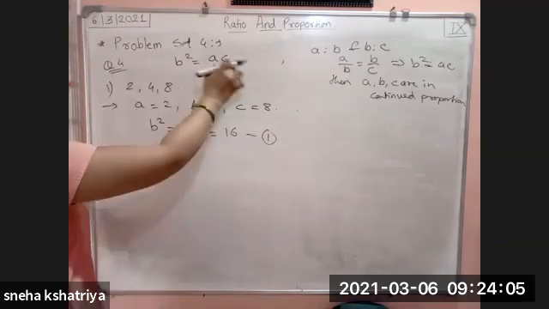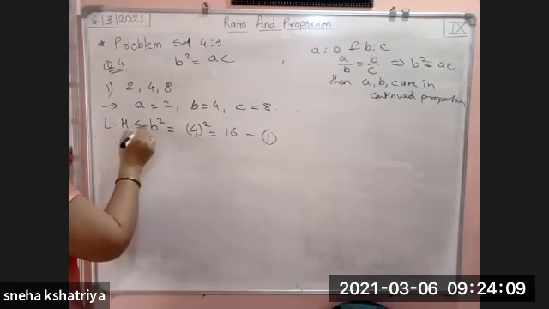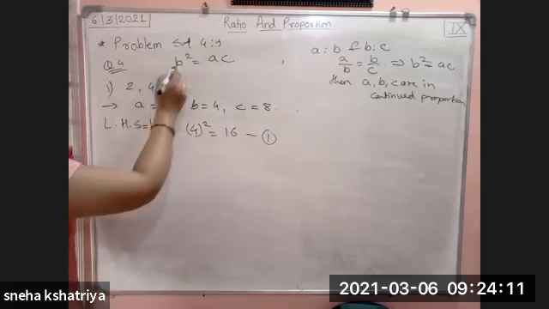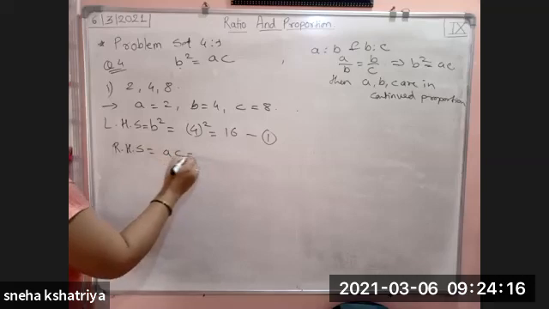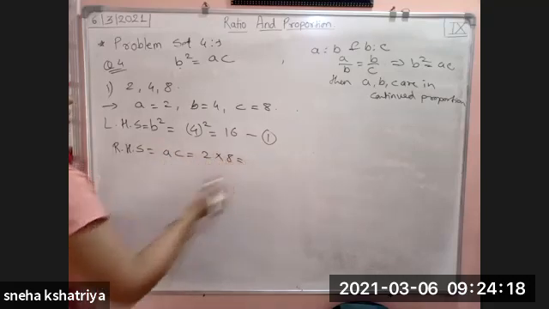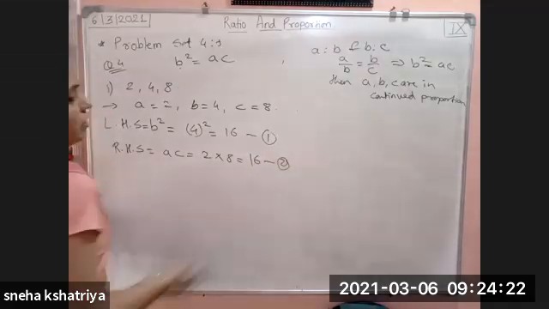And AC, we will find out the right hand side. Let us suppose LHS is the left hand side and RHS is the right hand side, which is equal to AC, which is equal to 2 into 8, which is 16. This is equation number 2.